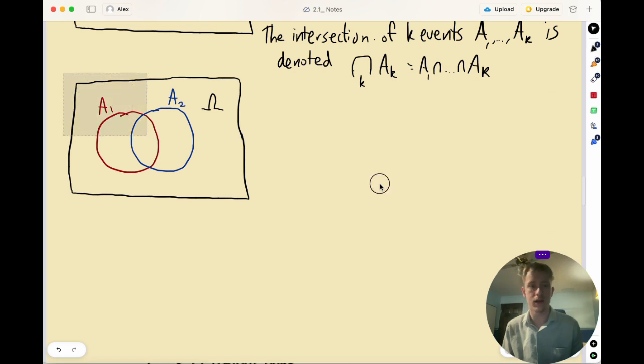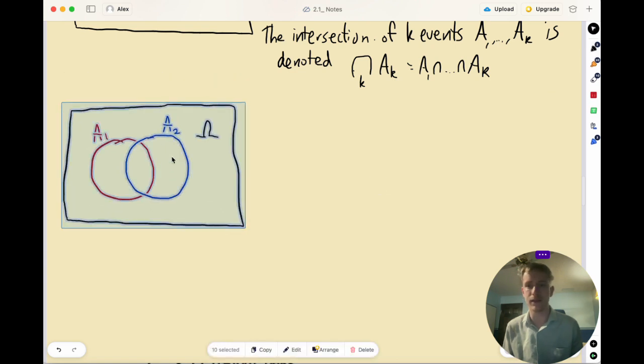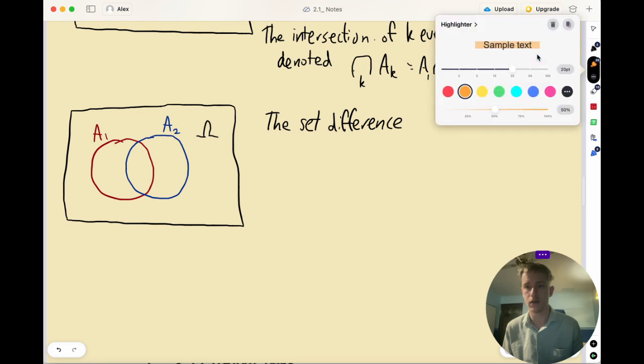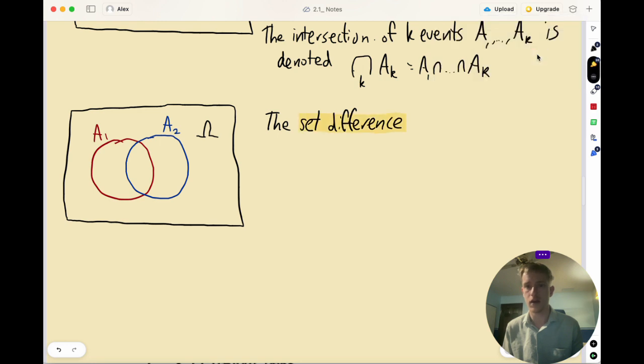Now, what exactly is the set difference? I've seen it notated a couple of different ways, but the set difference is usually denoted either A1 minus A2, or I've also seen A1 slash A2.